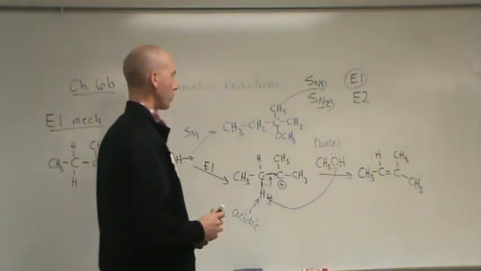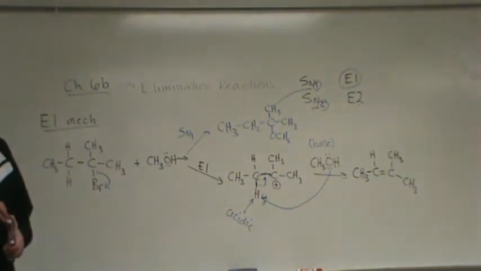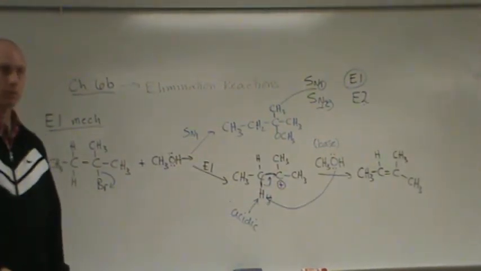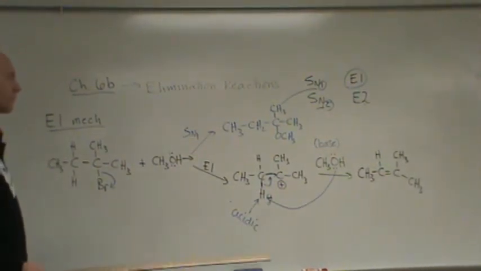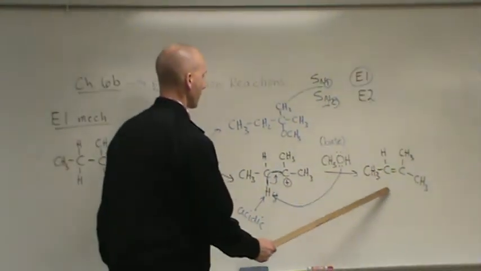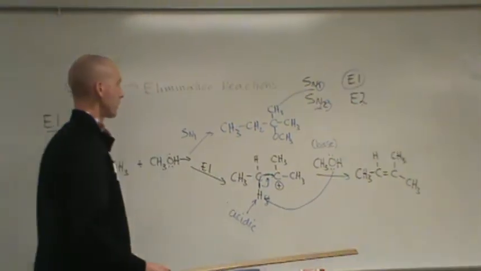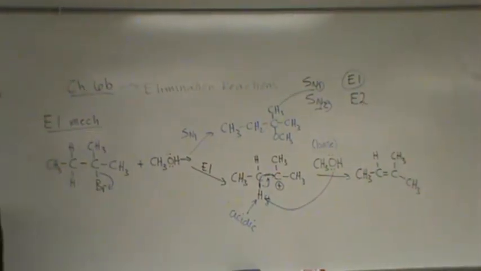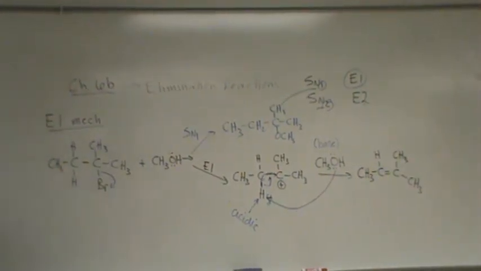And so we end up forming that alkene there. Okay, so that's how we get the elimination product having formed. Any questions on that? Okay, so something a little bit new.